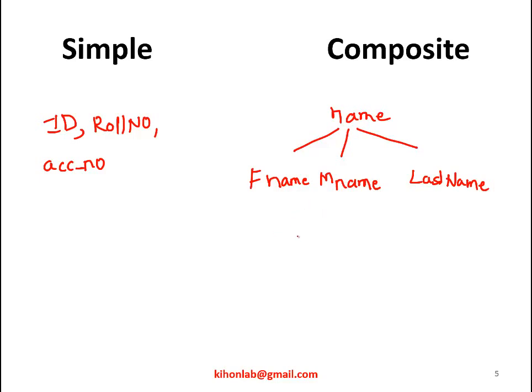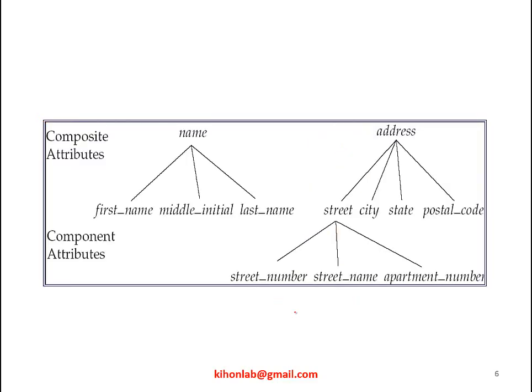Again we can have one more example: address. It can have city, state and PIN number, and city can be divided further into road. It can be subdivided into many things, so this is called a composite attribute. Here you can observe the example: composite attributes name and address, and these are the components of the attribute: first name, middle name, last name, city, street, state, postal code, street number, street name, apartment number.